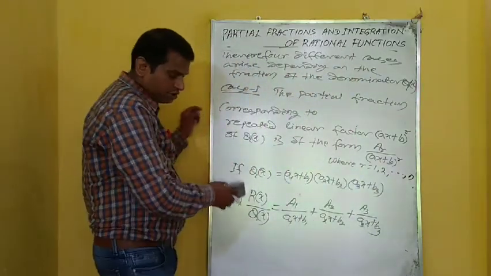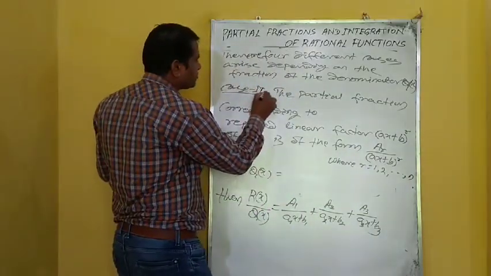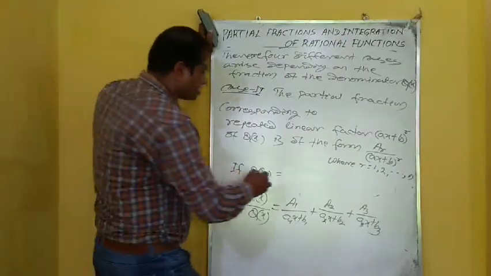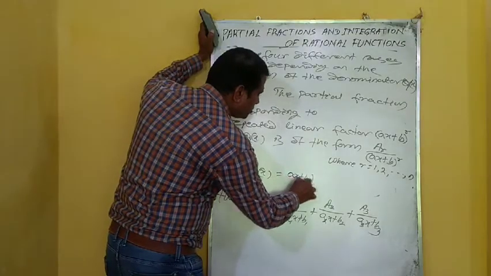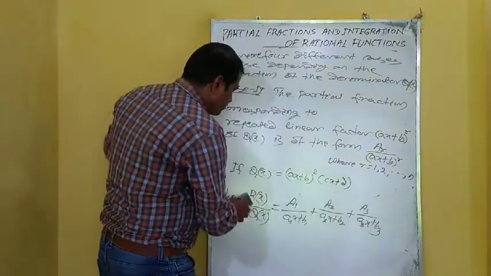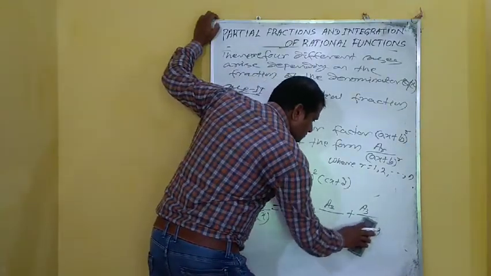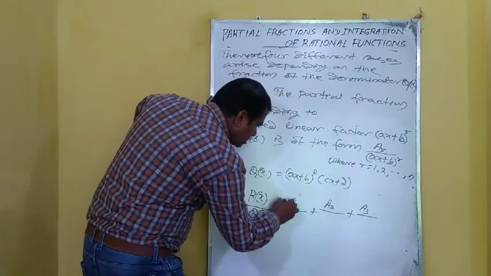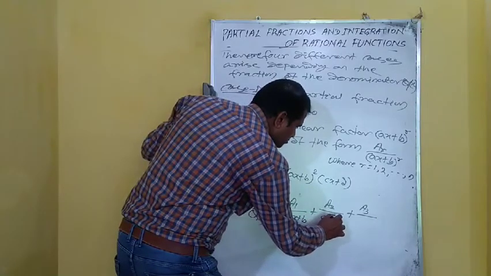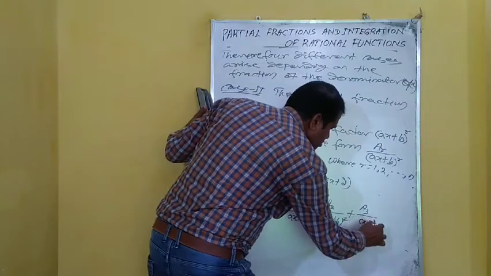Okay, suppose, that is case 2, if q of x is of the form ax plus b whole square whole into cx plus d, then we write r of x by q of x as A1 by ax plus b, A2 by ax plus b whole square plus A3 by cx plus d.